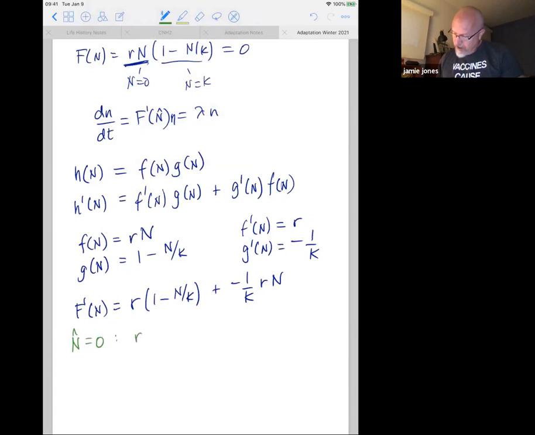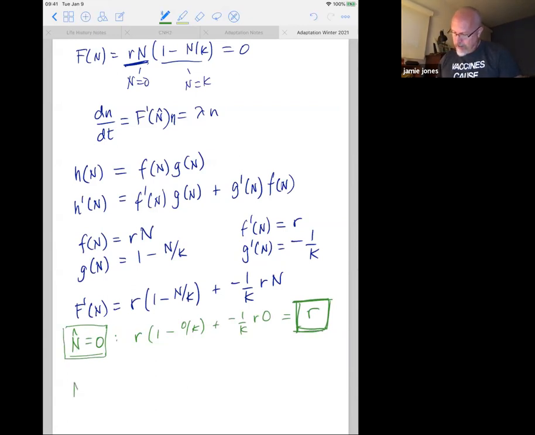So we have r times 1 minus 0 over k, plus minus 1 over k times r times 0, and that's equal to, right, that's r times 1, and r times 0, it's just equal to r. All right, so the derivative of our logistic function at the equilibrium for n hat equals 0 is just equal to r.